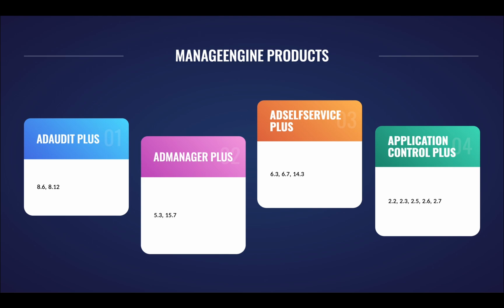AD Audit Plus helps keep your Windows Server ecosystem secure and compliant by providing full visibility into your domain controllers, monitor logons, analyze lockouts, detect changes to users, groups, OUs, GPOs, and Azure AD. It can also audit file servers, file accesses, permission changes across Windows, NetApp, EMC, Hitachi file systems.